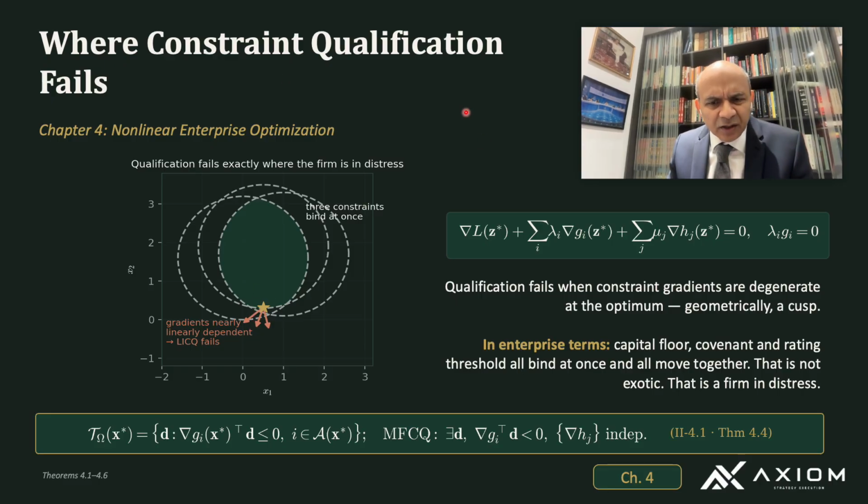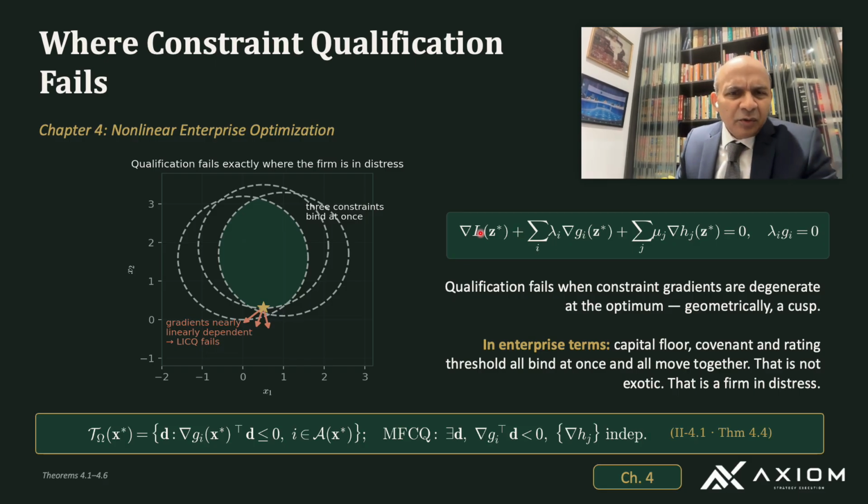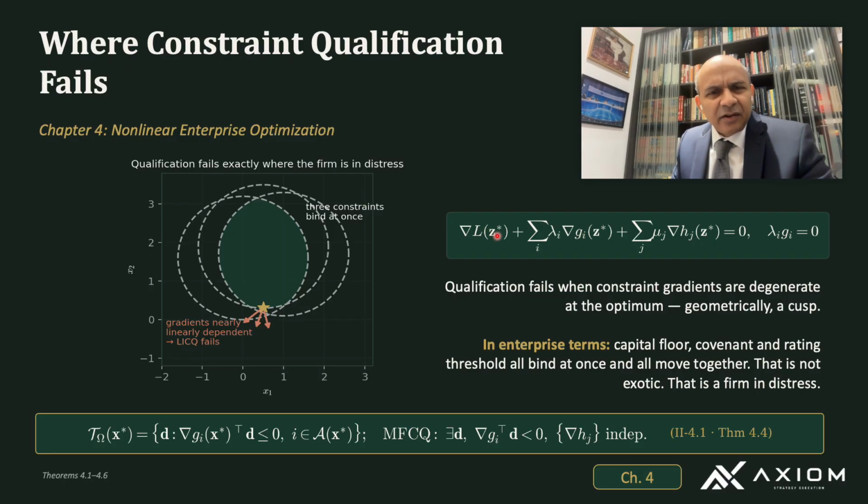So the equation over here is the KKT stationarity condition together with complementary slackness. At the candidate optimum, z star, the gradient of the objective L is exactly balanced by the gradients of the active constraints.